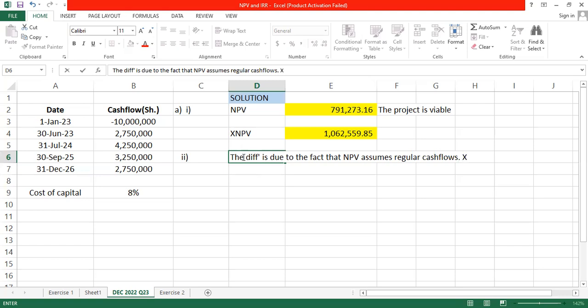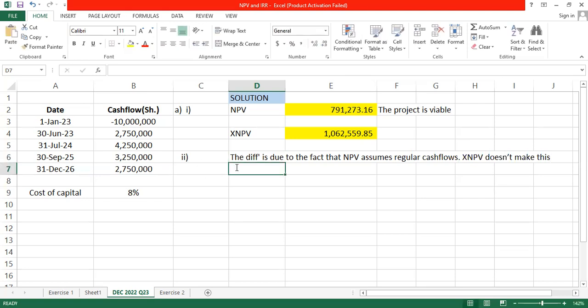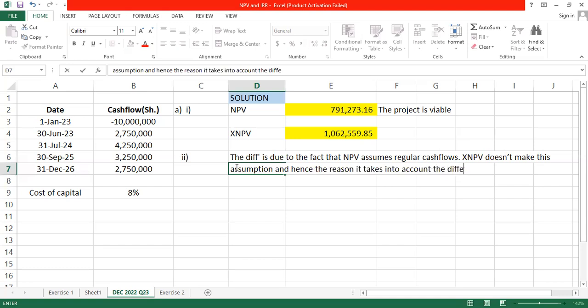Now the XNPV does not make this assumption, and hence the reason it takes into account the different dates for the cash flows.